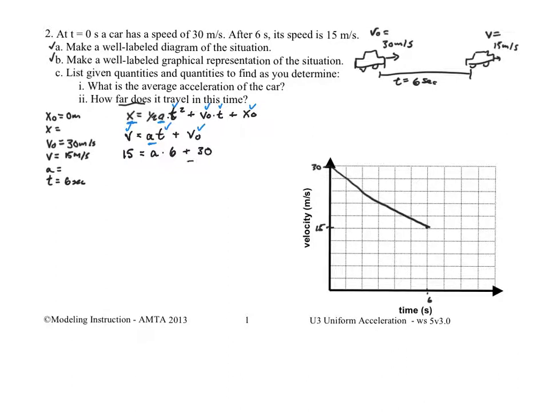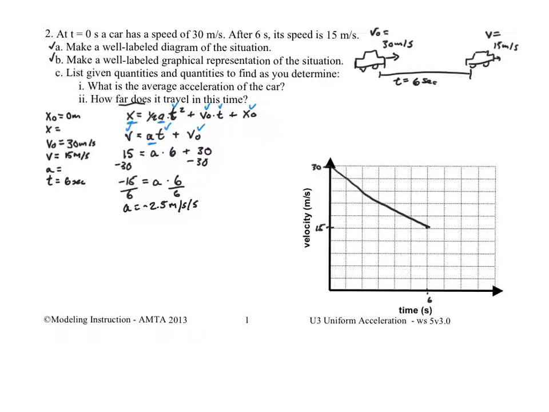Now I can solve. So minus 30 from both sides. That's minus 15 equals a times 6. Divided by 6, 15 divided by 6 is 2.5. So a is negative 2.5 meters per second squared.